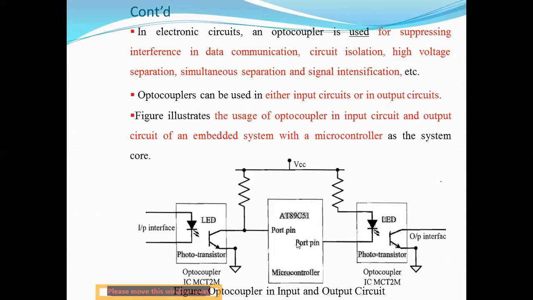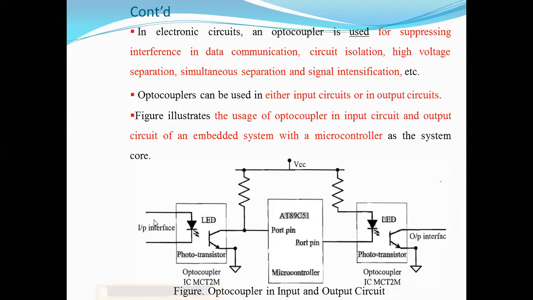I told you that you cannot directly connect some IO devices to the microcontroller. You cannot connect directly to the pin. What happens? That may damage this IC, right? So what they have done is place one optocoupler at the input side and one optocoupler at the output side.